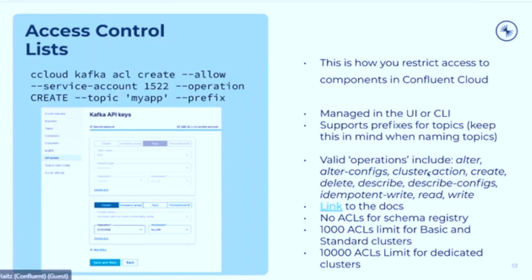First is, of course, that the naming convention of your topics makes it often very easy to leverage then prefix ACLs, and this then helps with the ACL limits that are available.